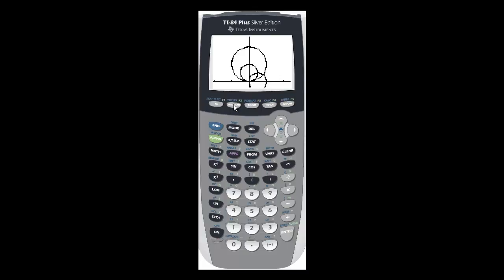And we might need to add a little bit to our window because we're not quite getting all of that. So we need a little more on the negative y-axis. The negative is going down to -0.3, so let's make that maybe -0.2.